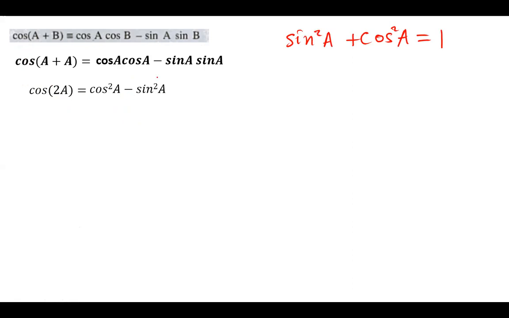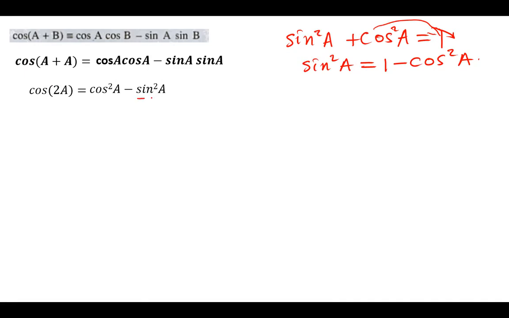So now what happens if we make one of these the subject of the formula? Let's make sine squared A the subject, meaning we take cos squared A to the other side of the equal sign. So we're going to have sine squared A is equal to 1 minus cos squared A.